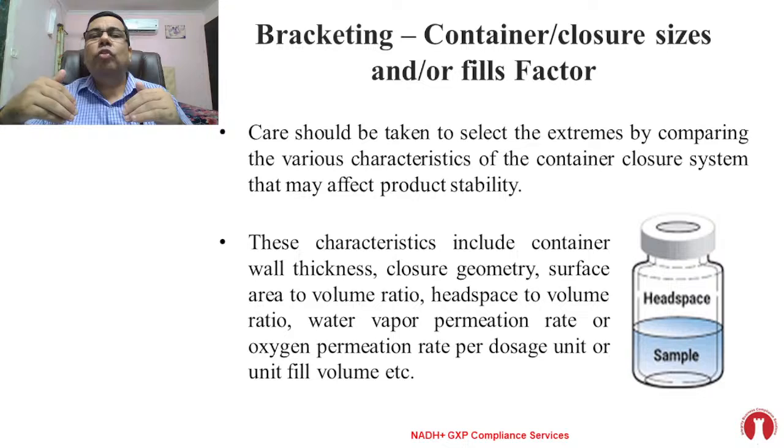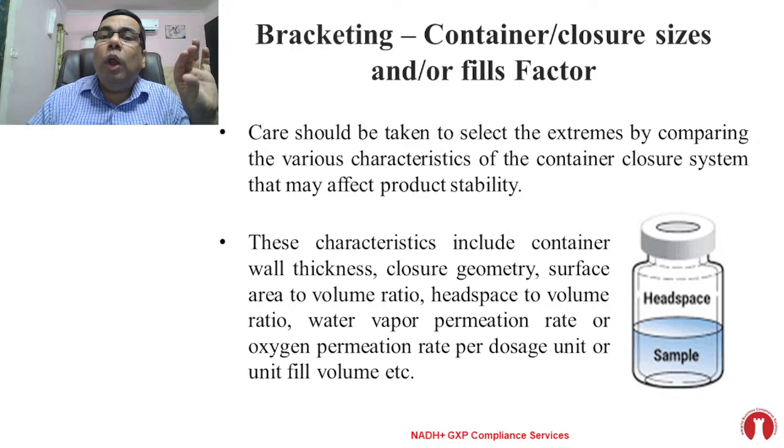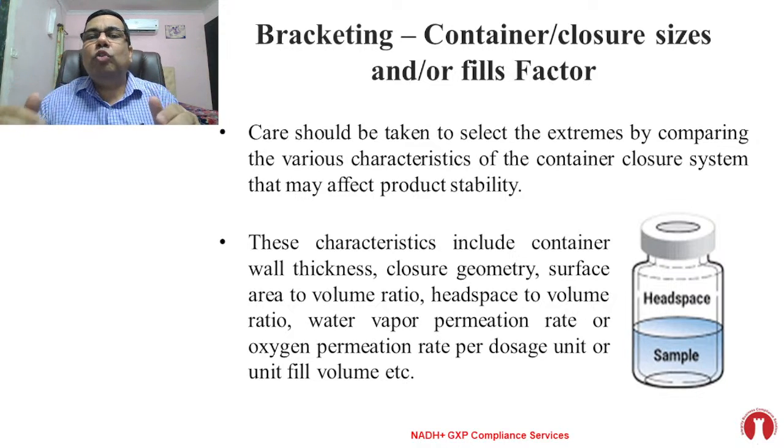These characteristics include container wall thickness, closure geometry, surface area to volume ratio, headspace to volume ratio, water vapor permeation rate or oxygen permeation rate per dosage unit or unit fill volume, etc. So you need to consider these points when you are considering bracketing for container closure sizes as the design parameter for the bracketing approach.